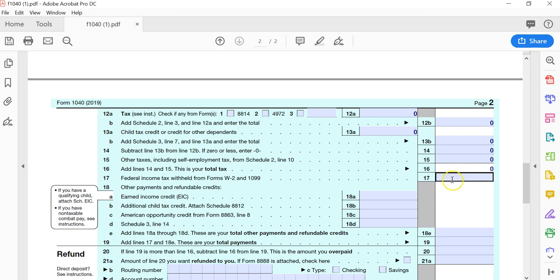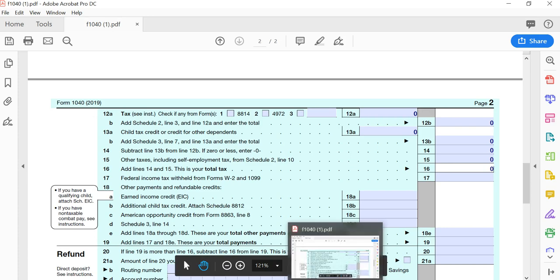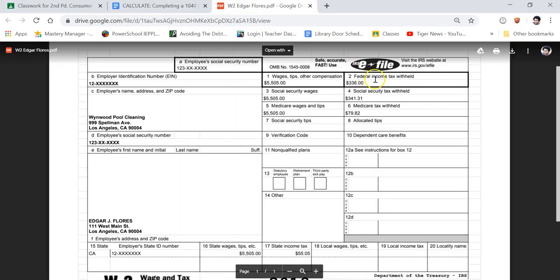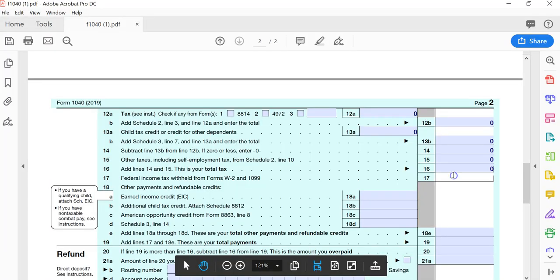Number 17 is going to ask us for federal income tax withheld from the form W-2 in 1099. If we go back to Edgar's W-2, we see that from box 2, he paid $336 in federal income taxes over the course of time that he worked. Okay? So we are going to put that number on number 17.